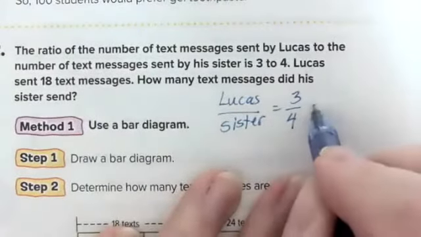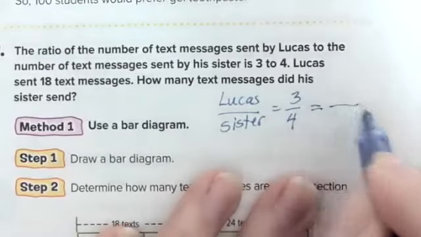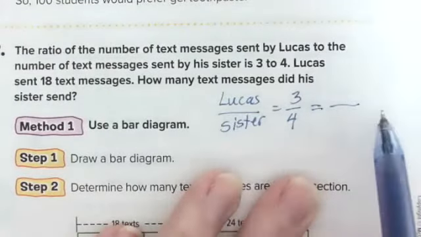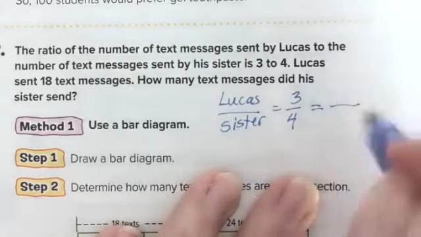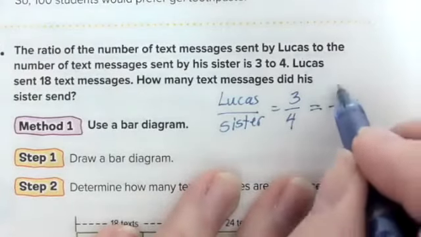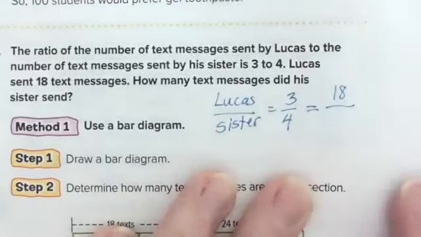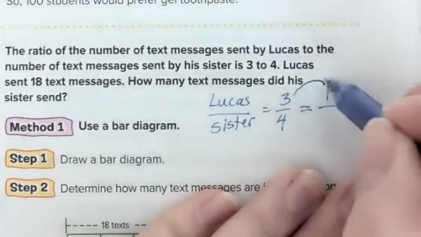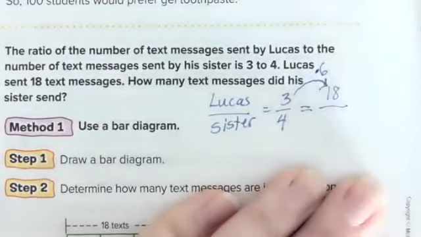So I'm going to make an equivalent ratio. Lucas's information is all in the numerator, so we'll put the 18 right here. Then we look for the factor: from 3 to 18, we multiply by 6.